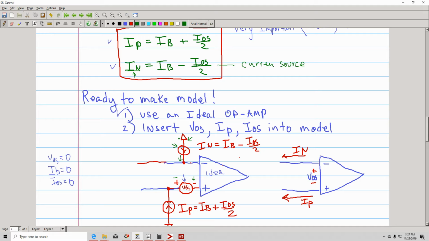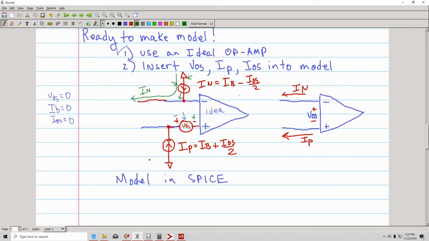So basically you're going to have current going in this direction, and that's going to be IN. Okay, and then you also do the same here. You add another current source from ground to the positive terminal, so you'll have current flowing in this direction. So this would be IP. Okay, now remember, IN and IP are these terms.